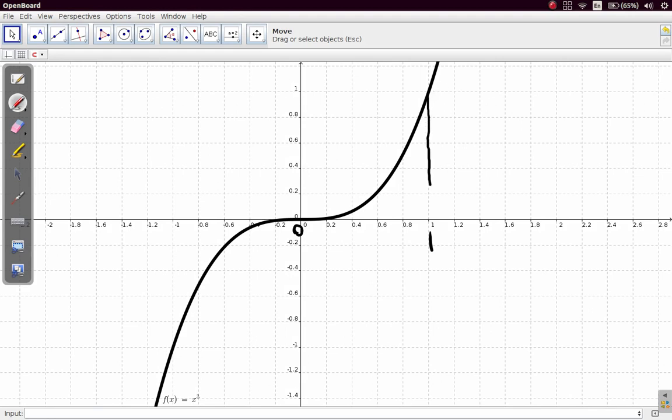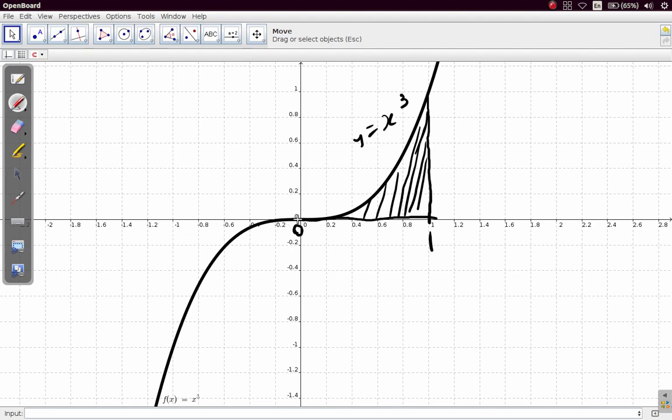This is the line x equals 1. We have x equals 0 at the origin. We have the x-axis, and of course the curve y equals x cubed. So the area that we just found was this area that I'm shading. It is a quarter.